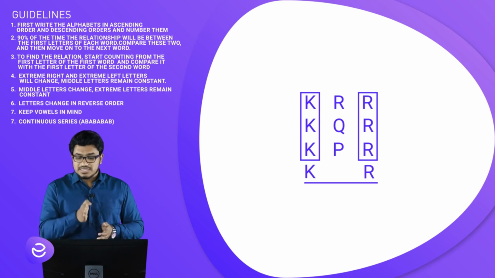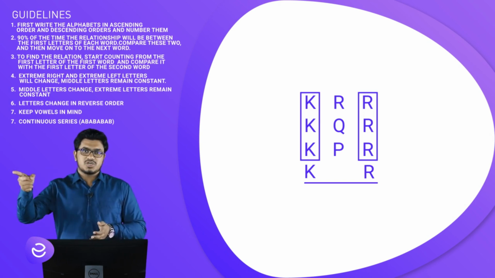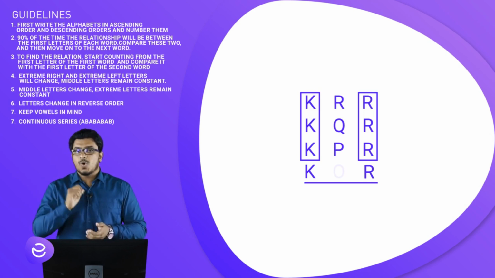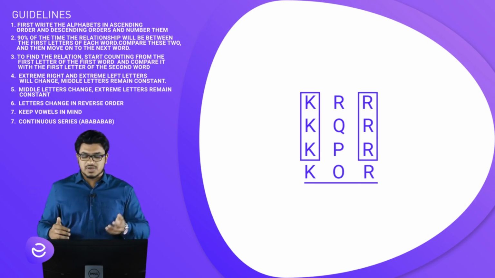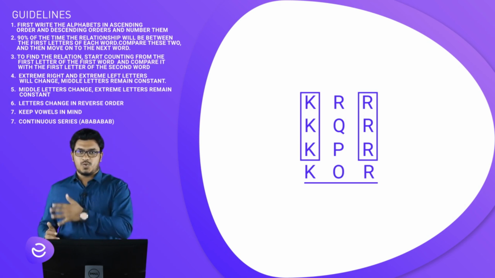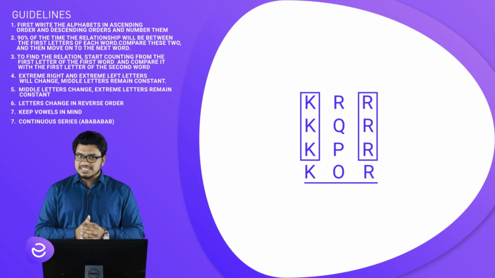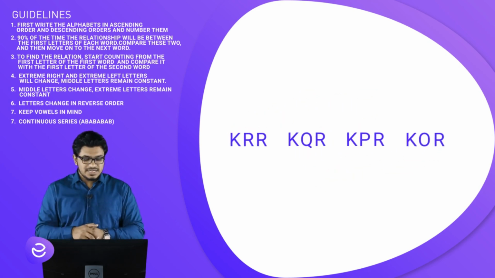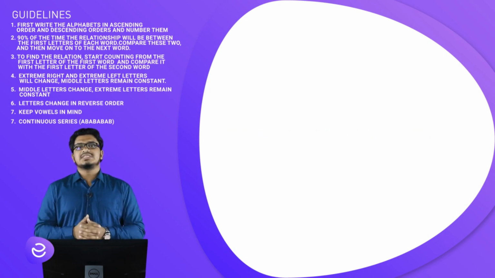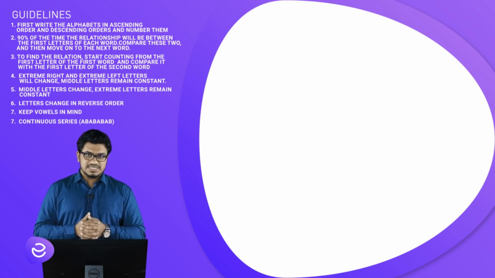So, there is R, there is Q, there is P. You go to where you have written the ascending and descending orders, and you will get the answer as O, because it is O, P, Q, R. Or when you go in the reverse order, you get R, Q, P, O. So, that is the answer. The answer is KOR, where the extreme letters stay constant and the middle letter changes. So, this is the basic idea of letter series.